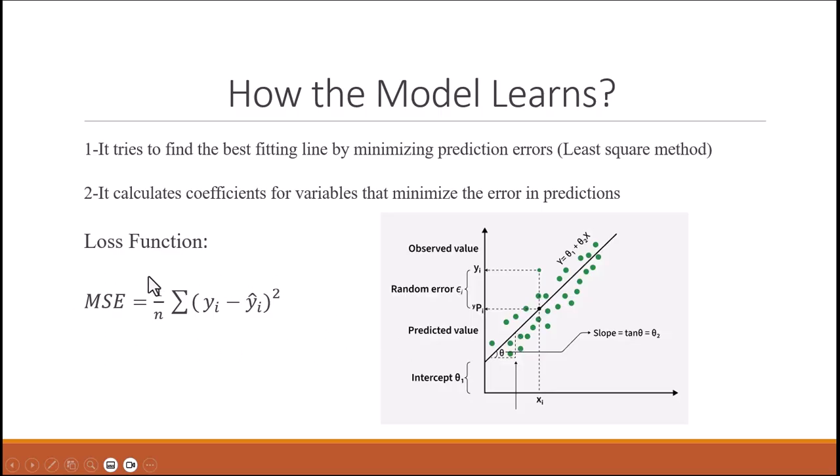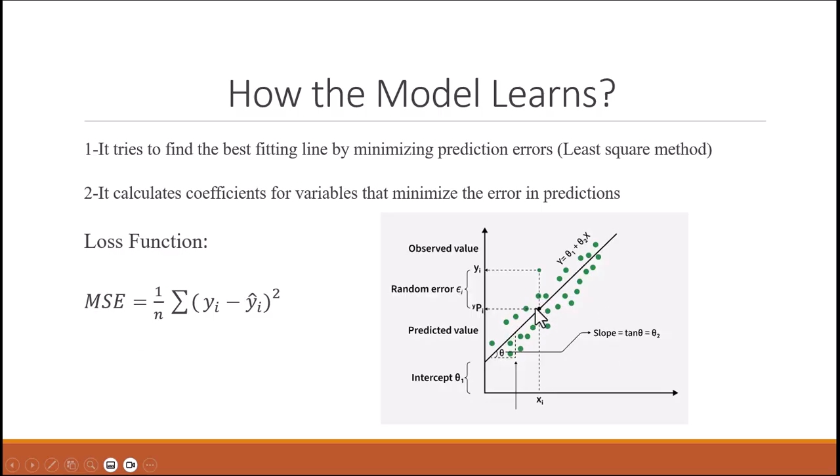We use this formula. We want to minimize the difference between the actual observations and the predicted values. This is the loss function in linear regression machine learning models. So it calculates the coefficients for the variables that minimize this error.